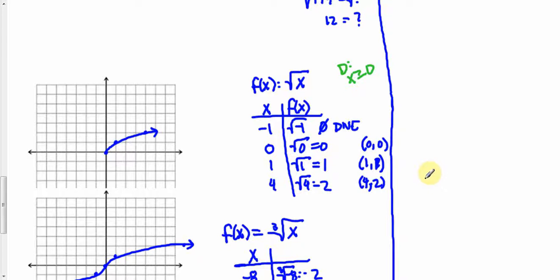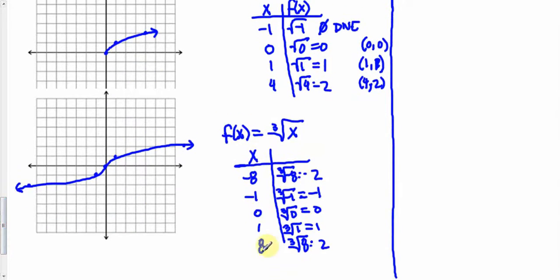Is that right? What about for this function? I was able to choose any number, positive numbers and negative numbers. So the domain on this was all real numbers. I'm not really sure how your book is going to notate it, but I think they're going to give you negative infinity to positive infinity. So I could have chosen any x value to substitute in and gotten a y answer or an f of x answer. Remember, this is your x-axis, and if it's in function notation, that's your f of x axis.